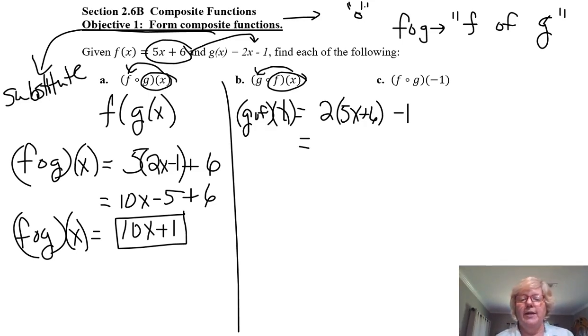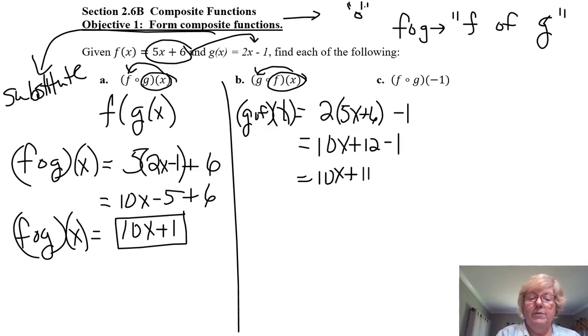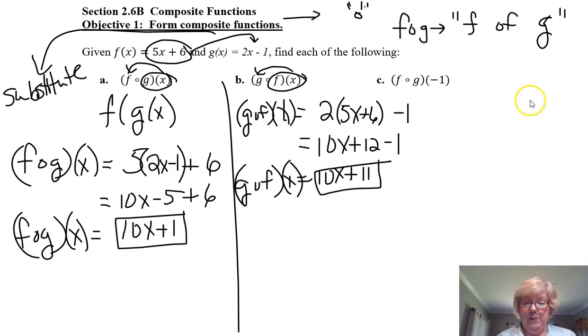So notice here inside the parentheses is the f function, and it was replaced or substituted inside the g function. Now I'll distribute, and I get 10x plus 12 minus 1, which is 10x plus 11 when I combine my like terms. So g of f of x is 10x plus 11.